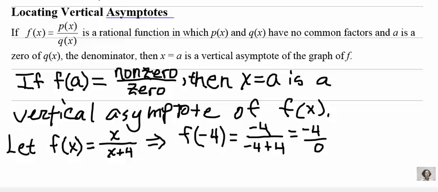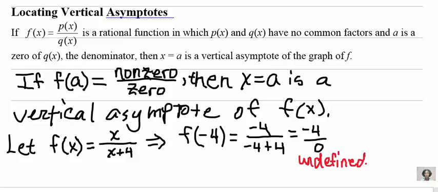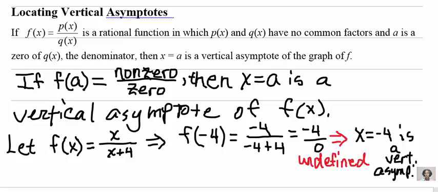Now the important thing to notice about this is that this is actually undefined. Remember, I can never divide by 0. So what this allows me to conclude is that x equal negative 4 is a vertical asymptote of this function f of x.